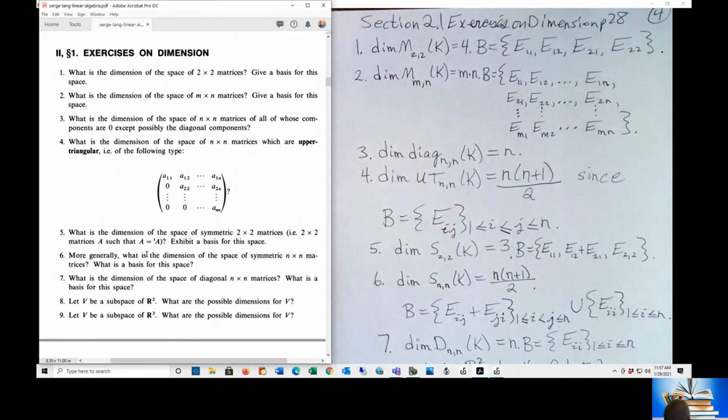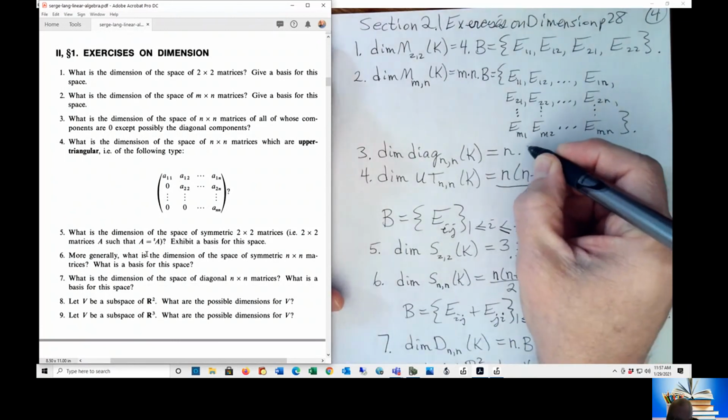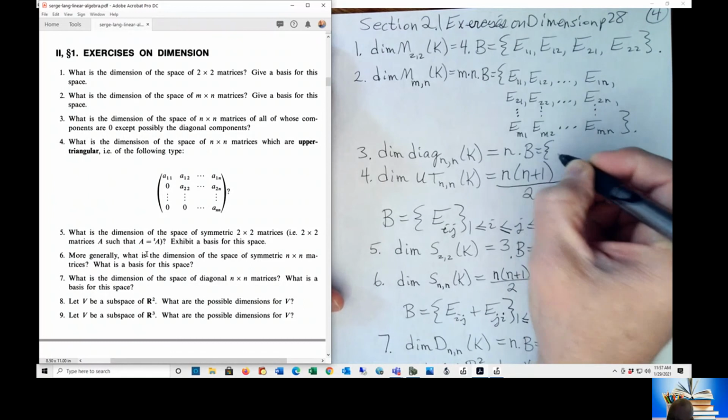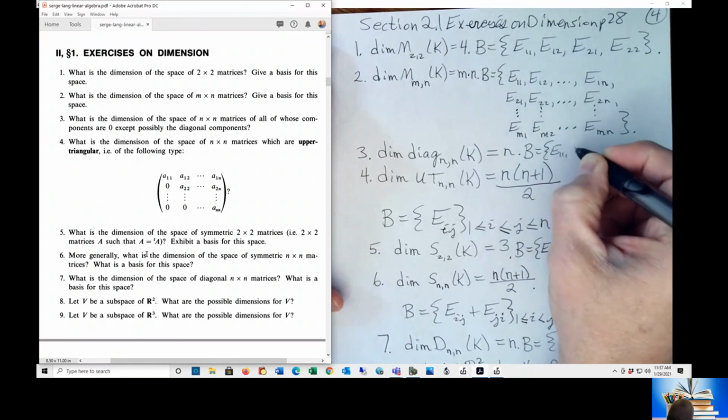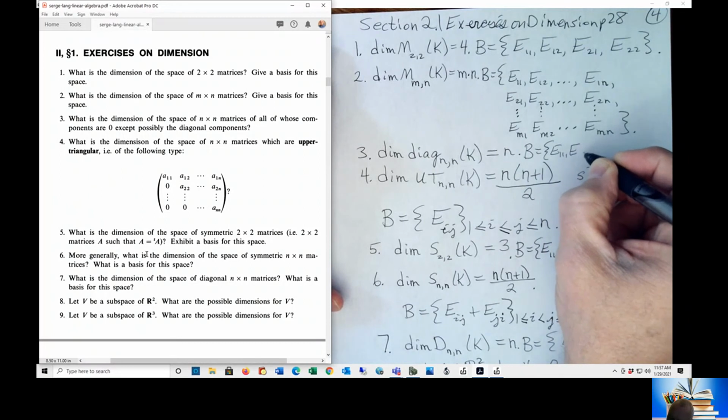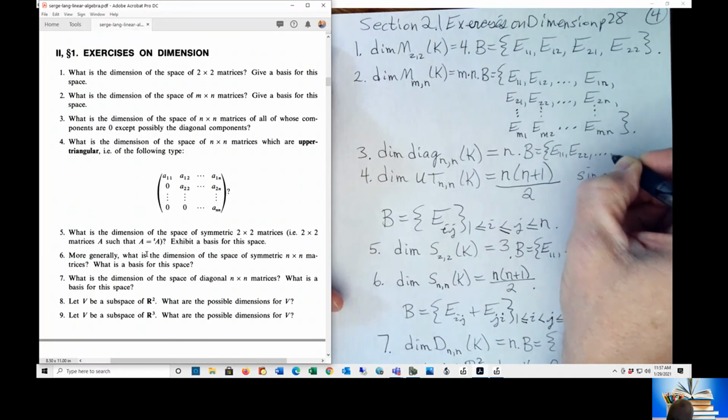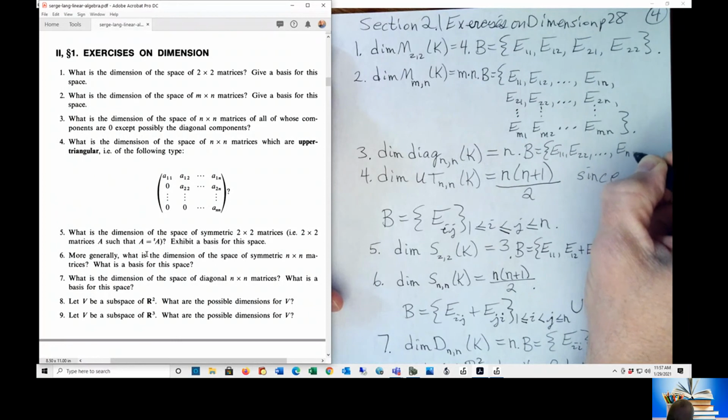Because there are n entries on the main diagonal, and the 0 entries do not contribute anything to the basis for the space. Now, it did not ask for a basis there, but I can put one in. The basis would simply be E11, E22, dot dot dot, through E sub nn.